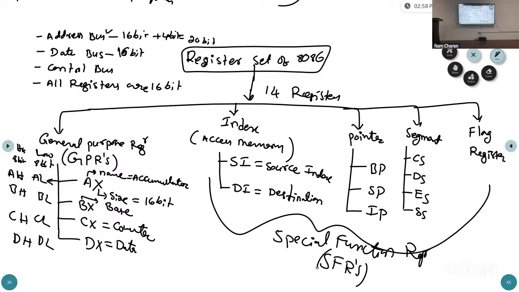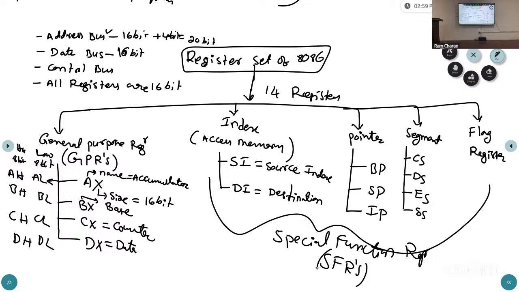They are called special function registers. All these special function register sizes are 16-bit. Only the general purpose registers can be used as 16-bit or 8-bit registers. The remaining special function registers can be used only as 16-bit registers. The flag is also 16-bit.